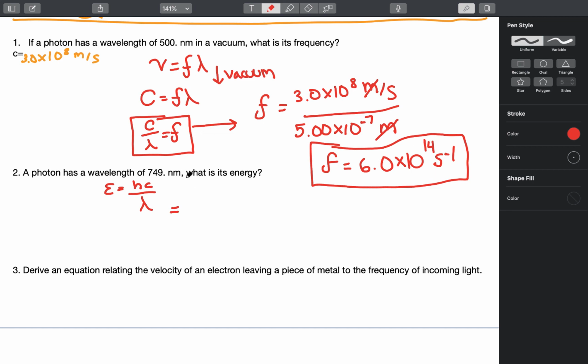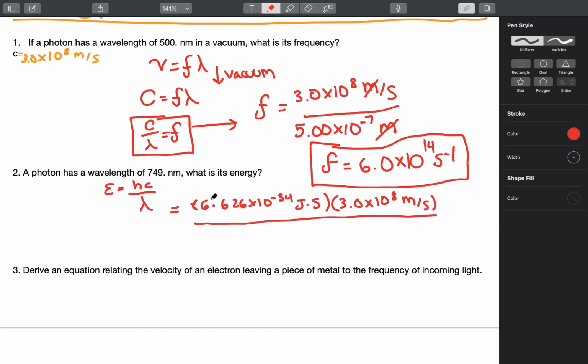H is equal to, I said this early in the video, 6.626 times 10 to the negative 34th joule seconds, times 3.0 times 10 to the 8th meters per second, over, now remember we have to put this in meters, so 7.49 times 10 to the negative 7th meters.